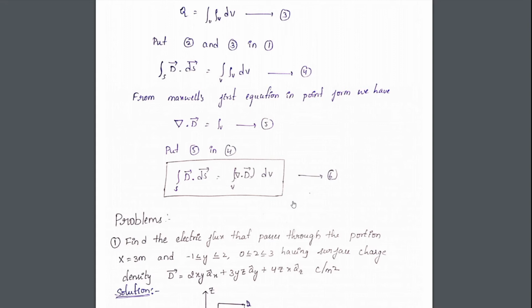Third, the Gauss law derivation. Then Gauss law in point form, or Maxwell's first equation, and how we derive it. And next is the divergence theorem concept, where and why it is used: mainly for the conversion of integrals, and it is arrived at from Gauss law once again. Once you know all these concepts, you can solve some problems on this.